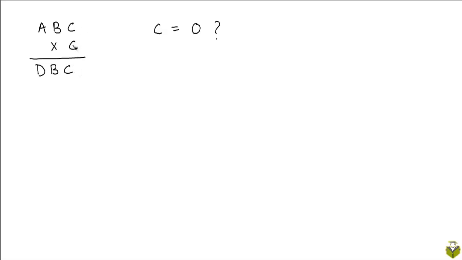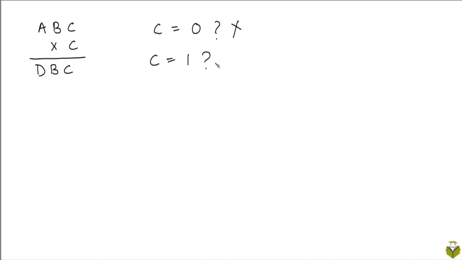Certainly 0 times 0 over here would result in a 0 in the units place, but if you look at the effect on the overall operation, the entire result needs to be 0, because you're multiplying this number with a 0. So we cannot have a 3-digit number in the result. The result should have been a 1-digit number, 0. So this is clearly not allowed. C cannot be a 0.